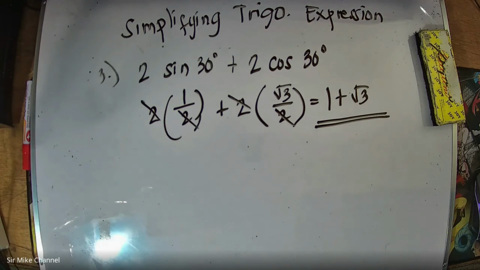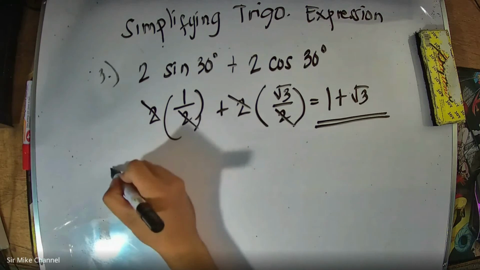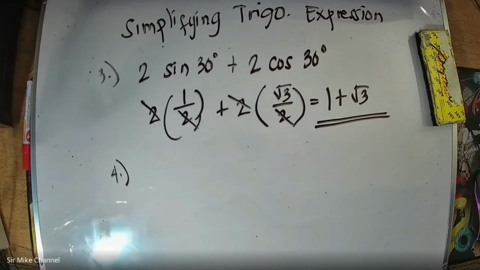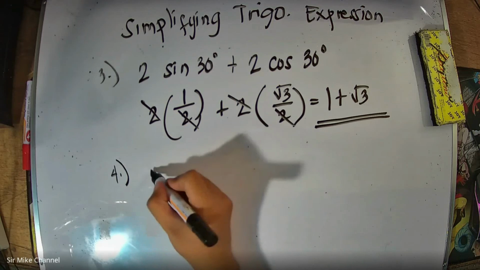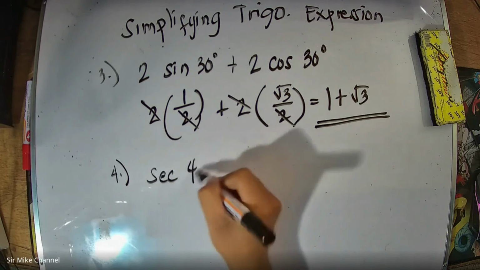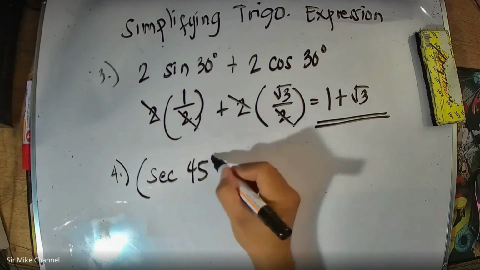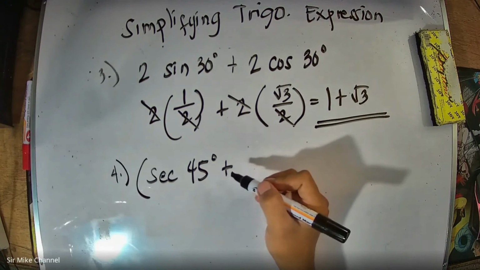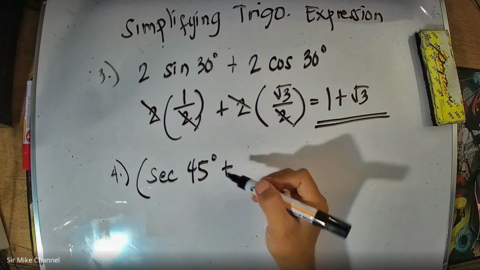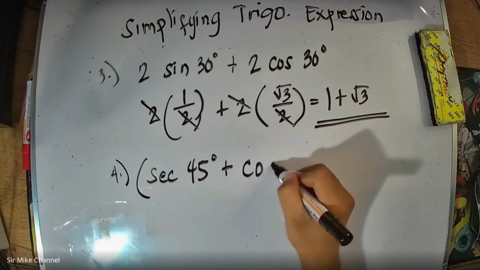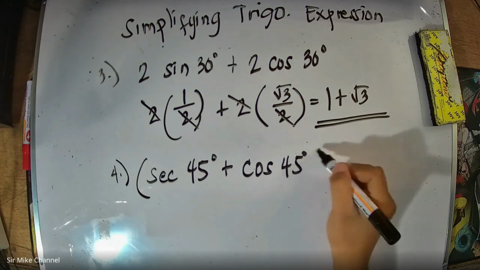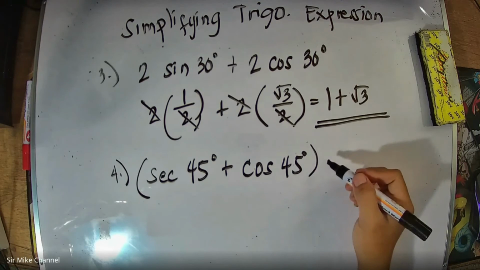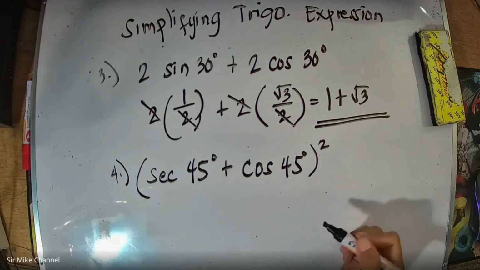Okay, last example. Number 4. Meron tayong secant 45 degrees plus, let's say, cosine 45 degrees, and then squared. Ayan.